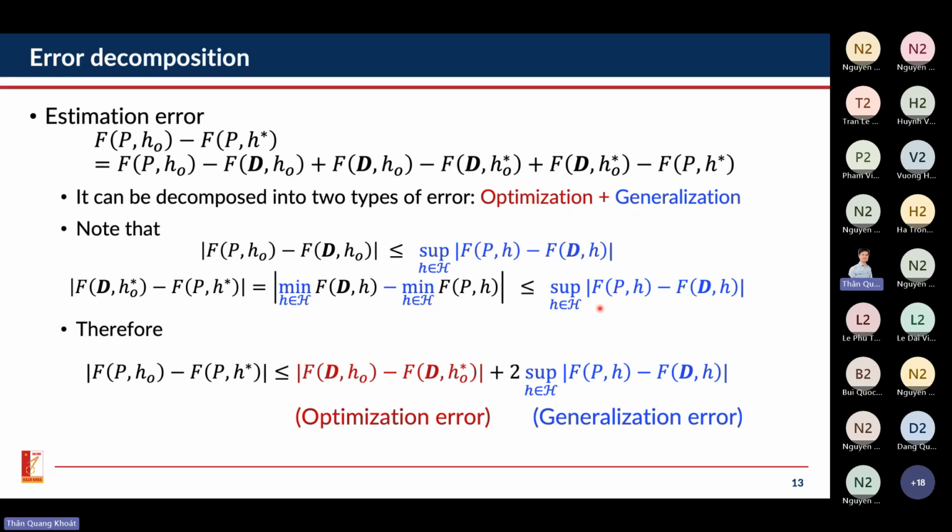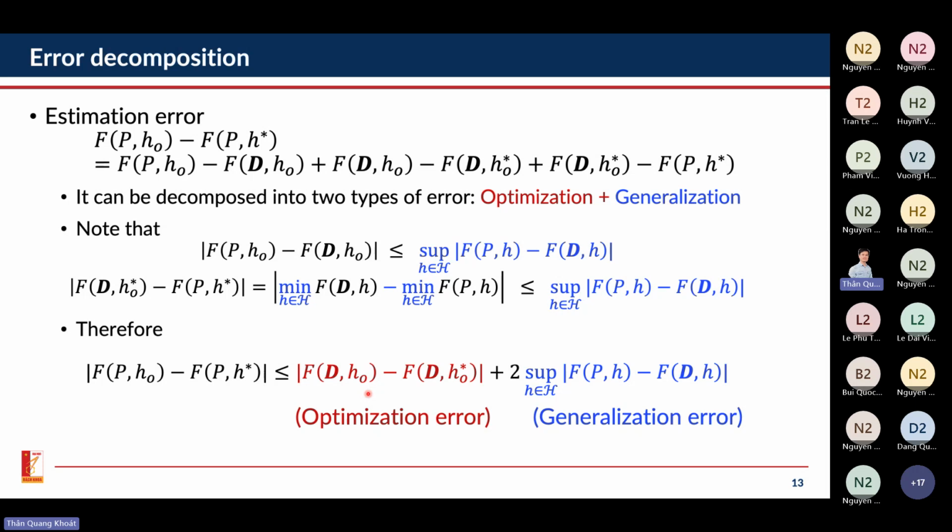And therefore, from the decomposition before, we can bound the estimation error to be at most the sum of these two terms. Whereas the first term, you can see that this is the difference between the two models. One is the minimizer of the training error. One is our trained model, actually, right?